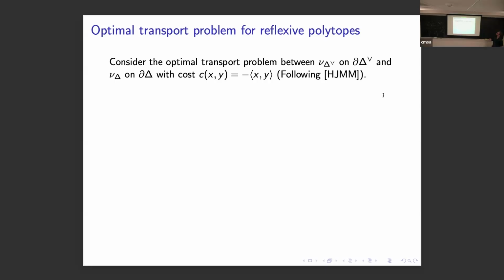We have the boundary of the dual polytope and the boundary of the primal polytope with these Lebesgue measures, and we use the bilinear cost. This was first thought of in this paper by Hultgren, Jonsson, Mazzon, McCleerey.